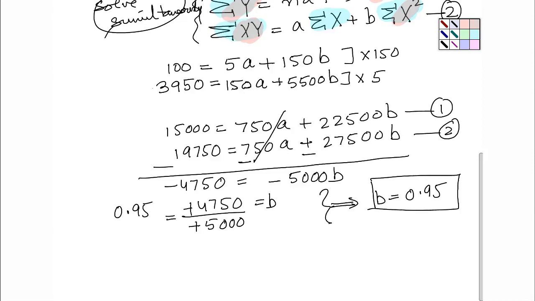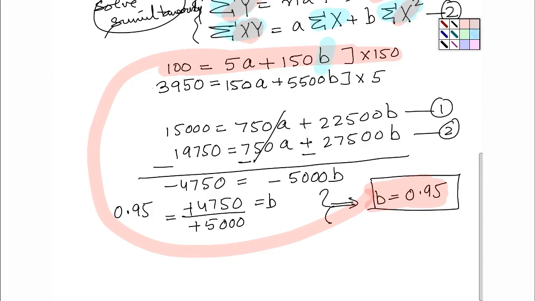Now let me substitute this value of b into any equation. Let's say this one. Let me substitute value of b in this equation. I'll put 0.95 in place of this b, and let us see how it shapes up and how we get value of a.